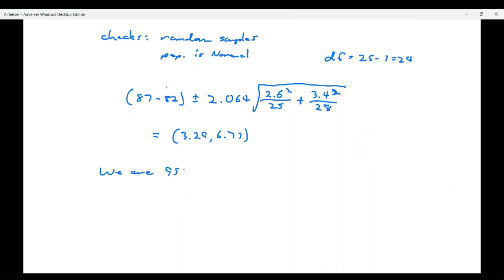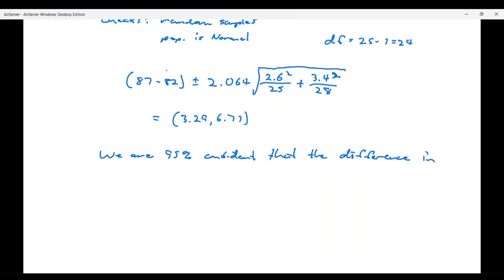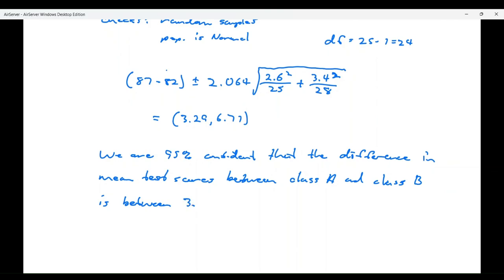So again, we are 95% confident that the difference in means, or I'll say in mean test scores, between Class A and Class B is between 3.29 and 6.71.